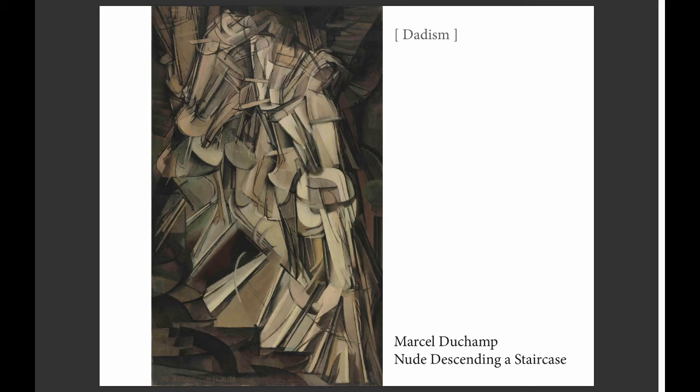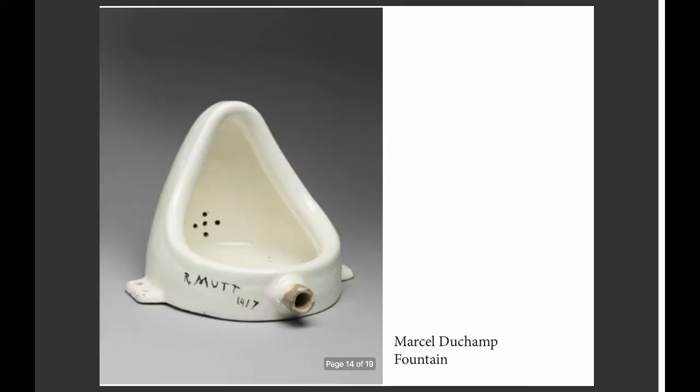So Duchamp's sort of dealing with this on a two-dimensional level and later in a three-dimensional level, where he takes these objects that he's finding on street corners or junkyards or scrap yards and he turns them into a piece. This is one of those things that's a reaction to someone said that anything could be art. And he's like, oh, anything?